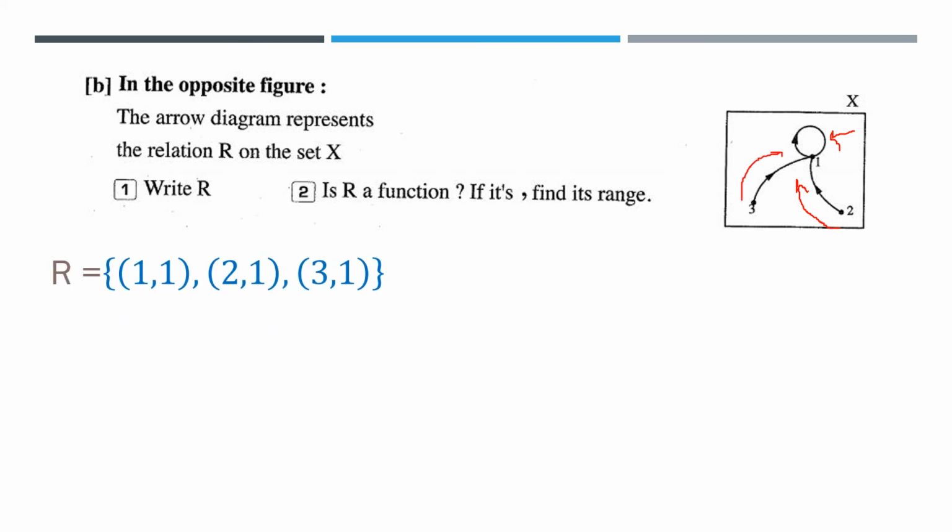Now we wrote our R. Part 2 in the question says: is R a function? All the elements appear in the first projection and each appears only once, so of course it is a function. Then, if it is, find the range. The range is all the second projections, which is 1, so the range is 1.